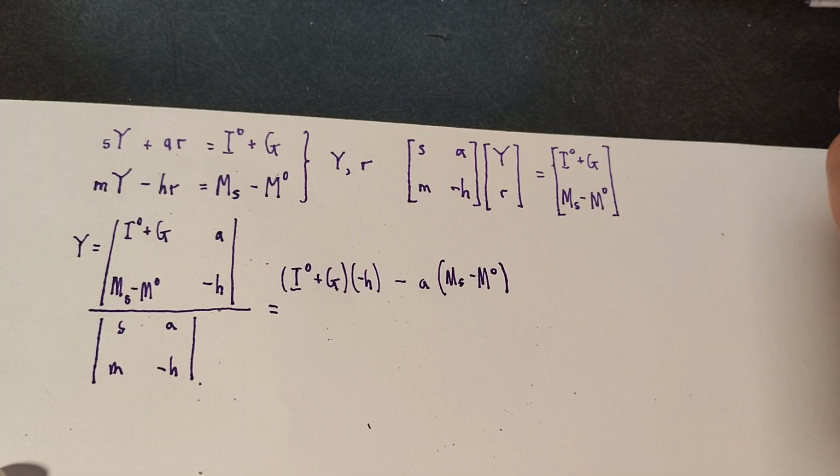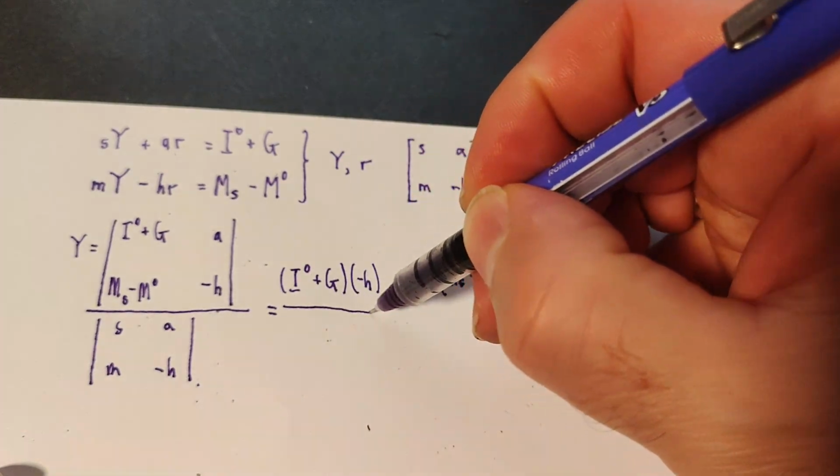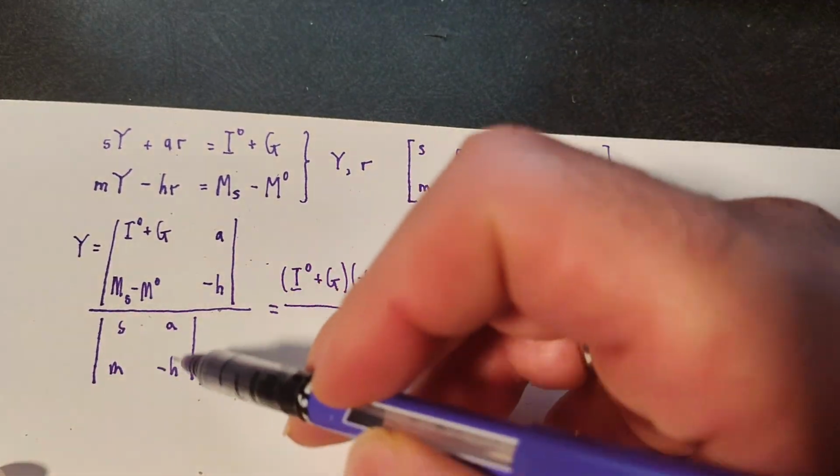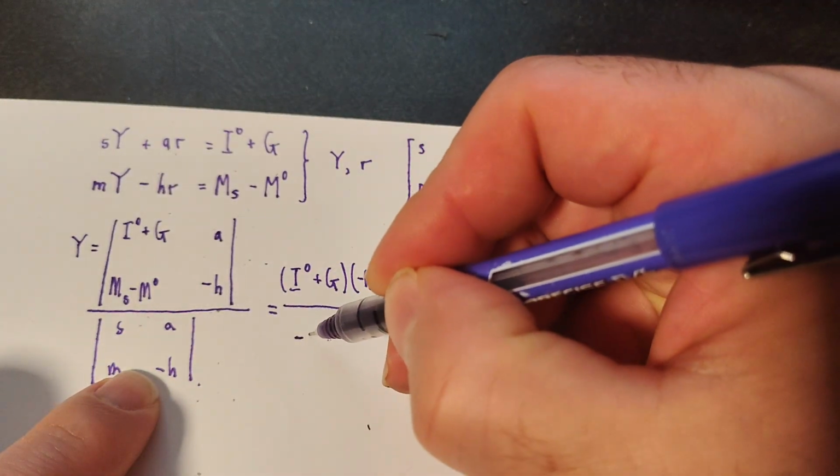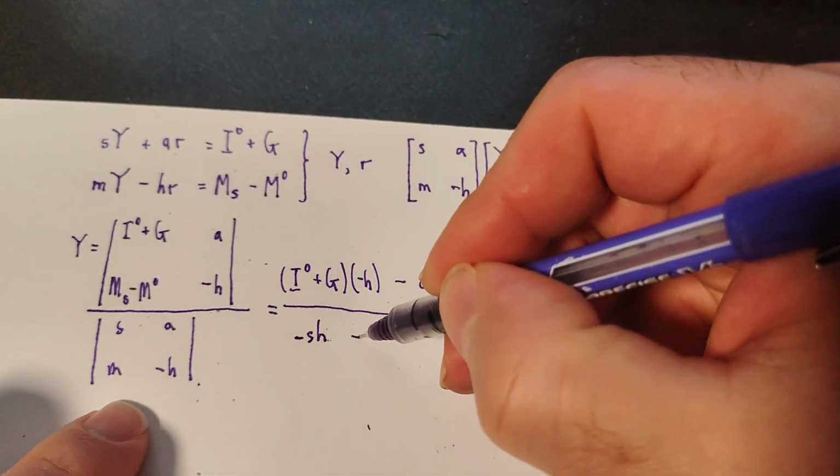All right. And we're going to divide that by the determinant of this matrix here. So that's just negative S times H minus A times M.